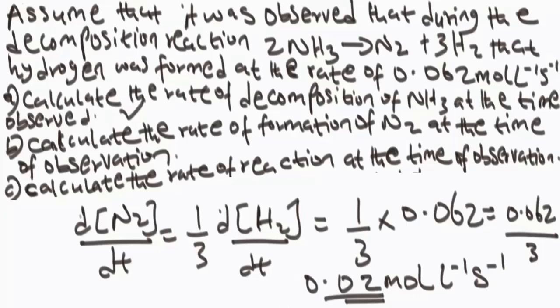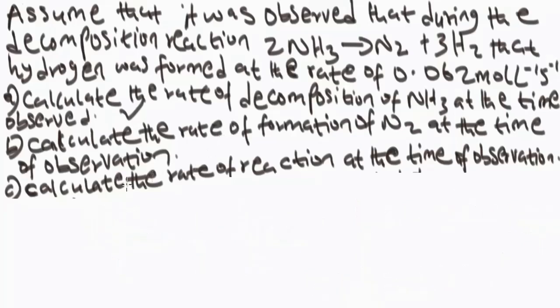Okay, for question C, calculate the rate of reaction at the time observed. So let me show you what that means. The question says once more, calculate the rate of reaction at the time observed.